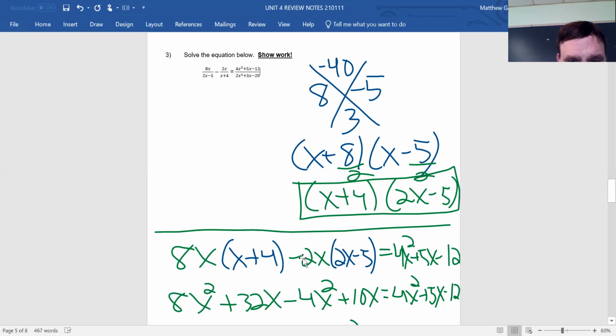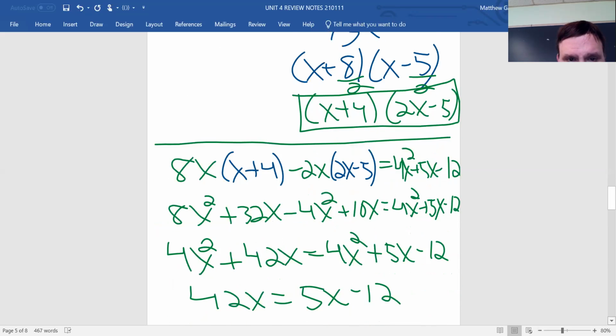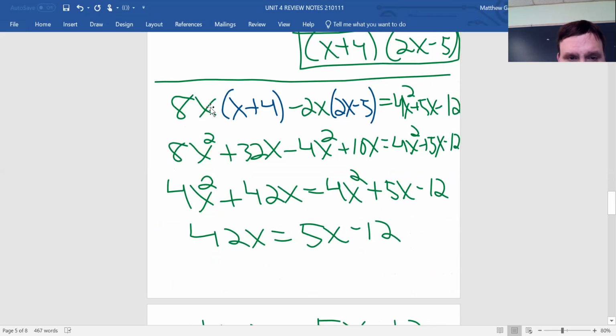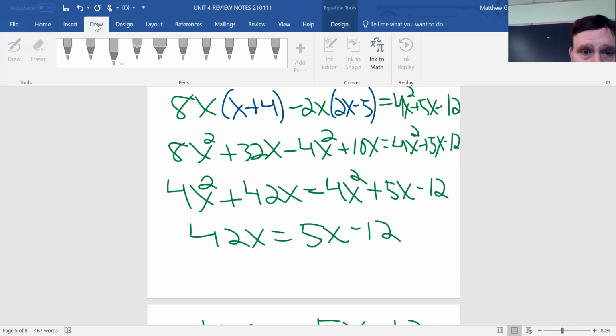So that means that we have to multiply 8x by x plus 4, and we have to multiply 2x by 2x minus 5. And I just cleared the denominators. Everything I have in this row in green is from the numerators. What I'm adding in blue is what you should be multiplying each numerator by.